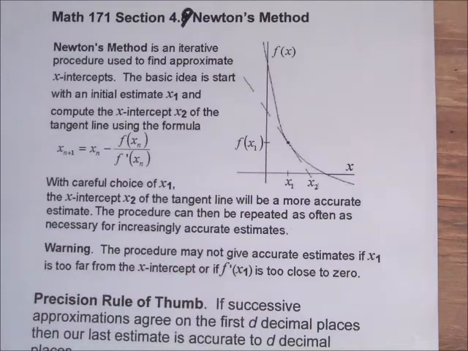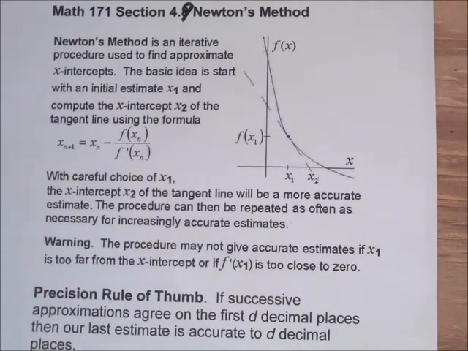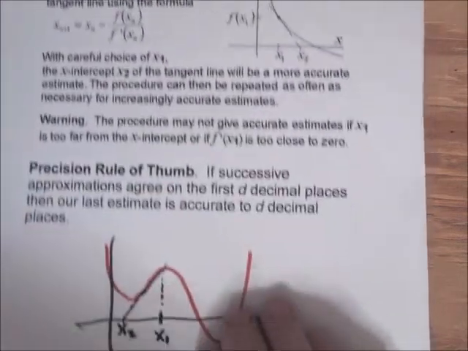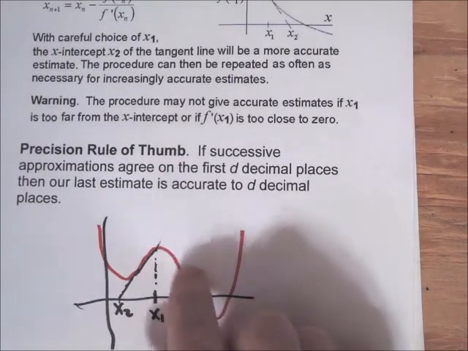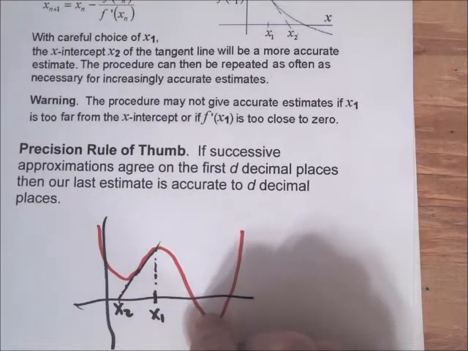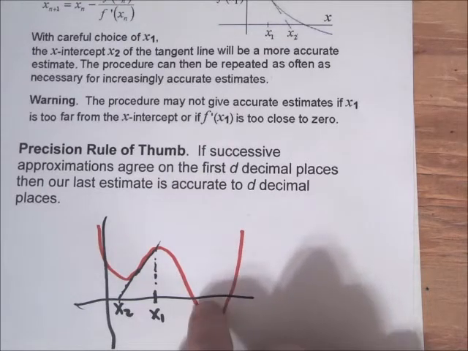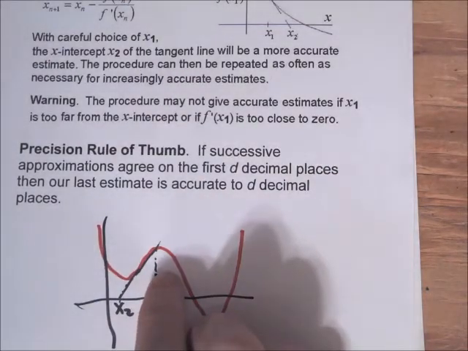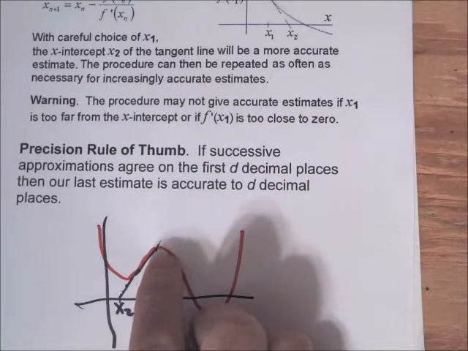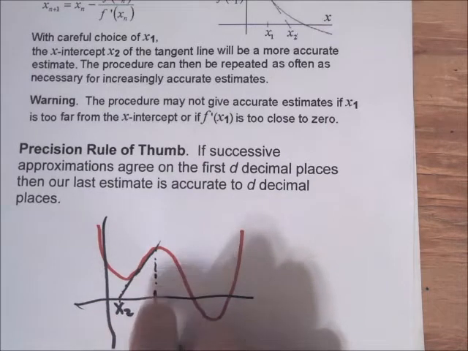And you have to be a little bit careful with your choice of the initial point, because if it's too far away, if the function is sort of going up and down, and your point is not close to where it intersects the x-axis, then your second point may be further away than your initial guess.